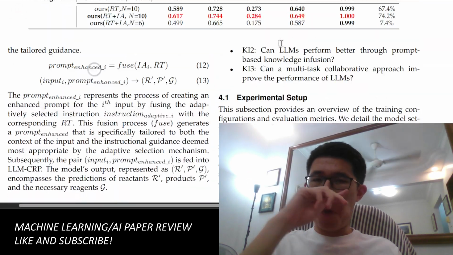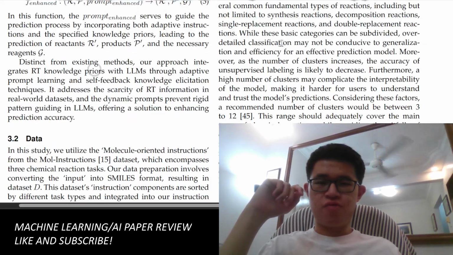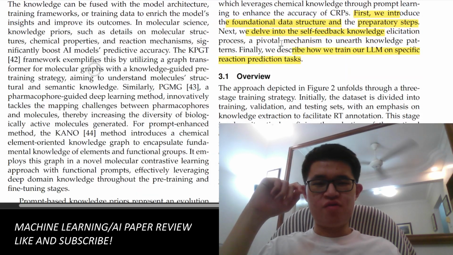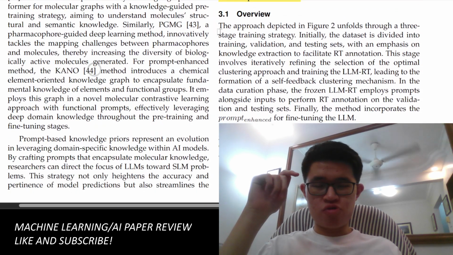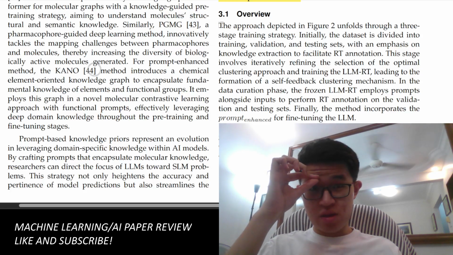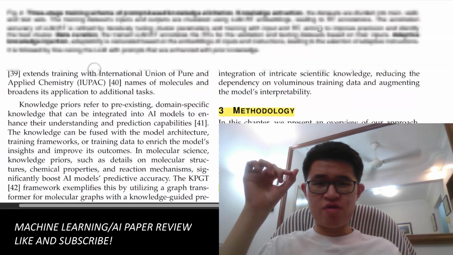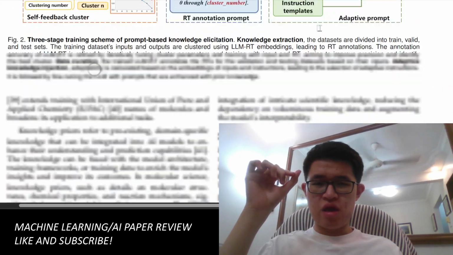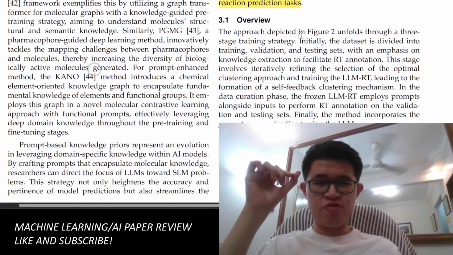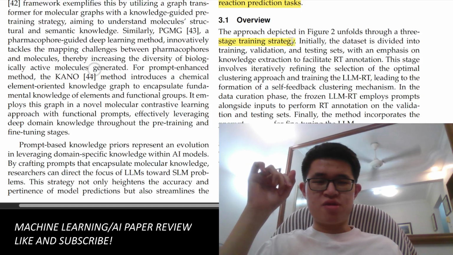Okay, I see, it's around five pages. Let's go through it step by step in order to fully understand their approach. The approach is depicted in figure 2. In figure 2, let's just read for now. They focus on a three-stage training strategy.